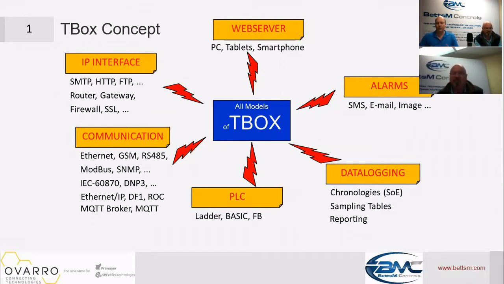We have web server capabilities, so we support web interfaces. We have alarms via text message and emails, as well as data logging, which is really important, and we know how to extract that data via logging, or we can FTP it out of there. And last but not least, we can program it using ladder or the BASIC language.